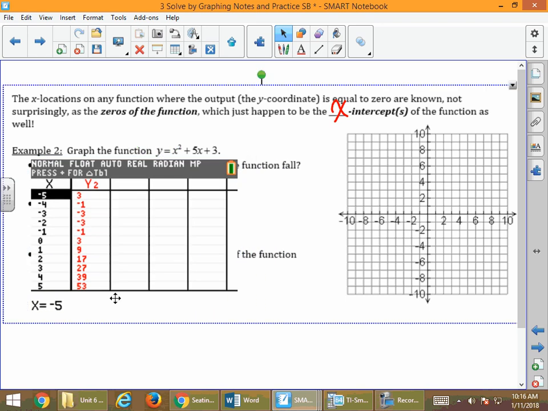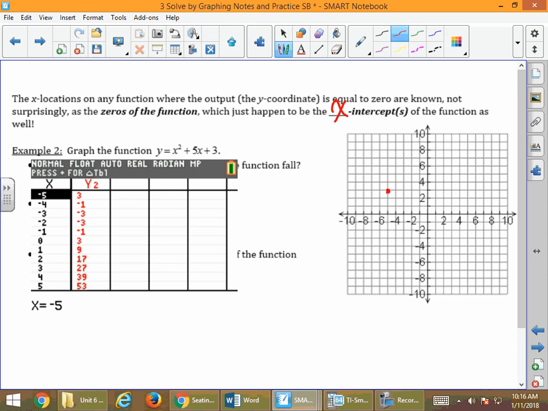We don't necessarily have to write them all down, but what we have is -5, 3, and -4, -1, and -3, -3, and -2, -3, and -1, -1, and 0, 3. That's going to get us enough there.